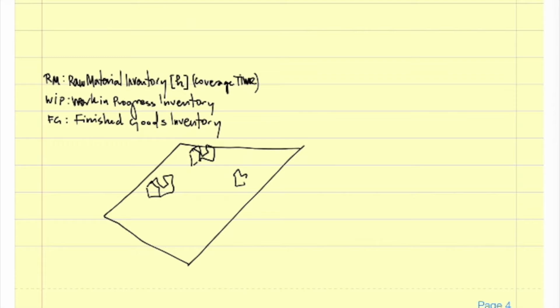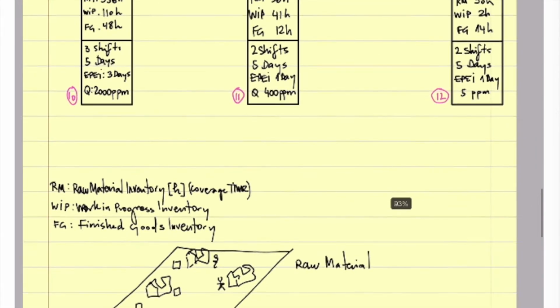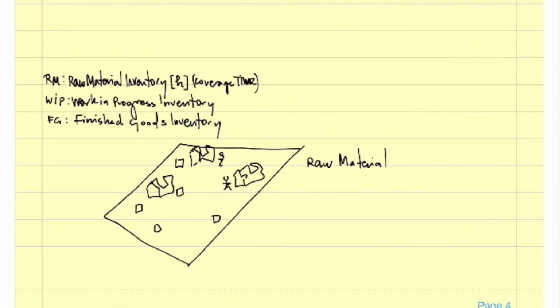And you see the people walking, and then you have some material around. So the raw material inventory, you are going to measure in time, or because it's let's say you have here your raw material coming in here.